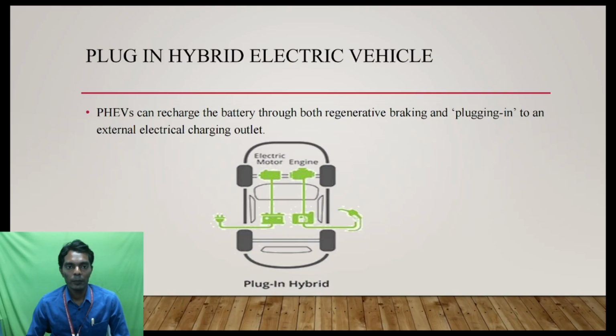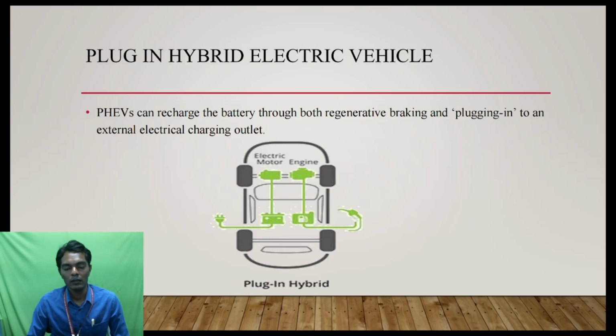What is the next step? Plug-in hybrid electrical vehicle, shortly we say PHEV, can recharge the battery through both regenerative braking and plugging in to an external electrical charging outlet. So this is an advanced electrical vehicle. Here you can charge your battery with the help of kinetic energy and regenerative braking, but you can also charge your battery by the use of an external AC source.